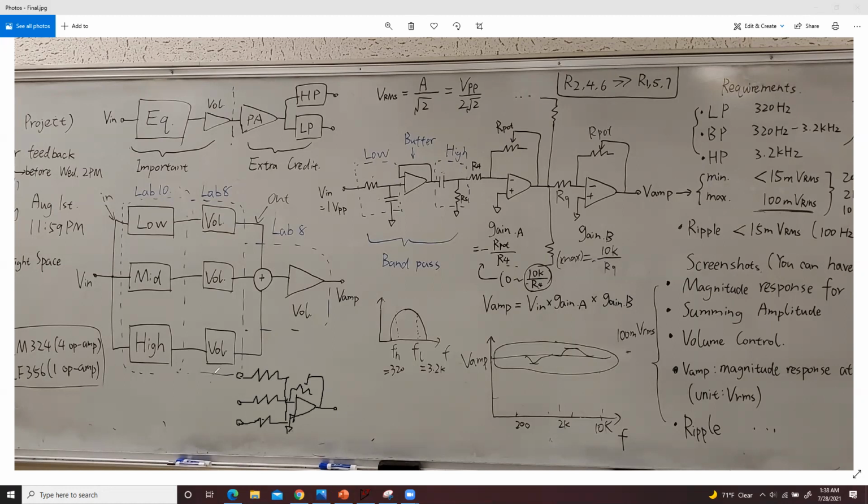For example, you can put a sine wave as this input, let's say a 100 hertz sine wave. And then you can put a 2 kHz triangle wave as this input. Then the output will be a combination of the triangle wave and the sine wave.